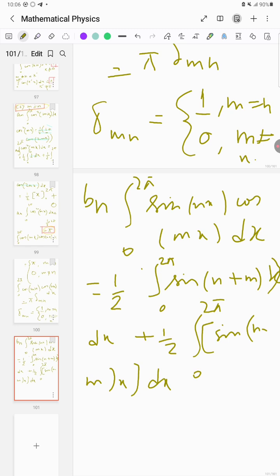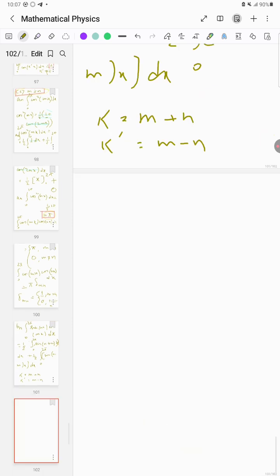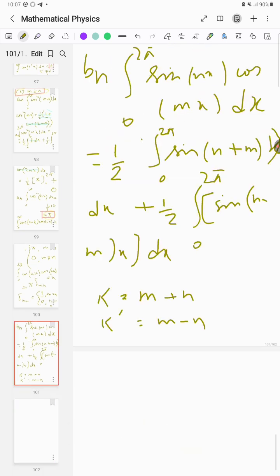so now we know that integration over 0 to 2 pi sine kx gives us 0. So considering k equals m plus n and k prime equals m minus n, we can easily say that both this half sine (m plus n)x dx and this half sine (m minus n)x dx will give us 0, because they both are integrations over 2 pi and both have sine kx in it.